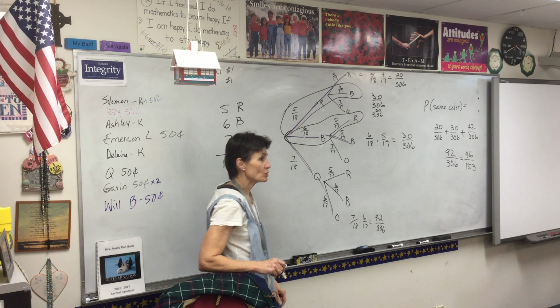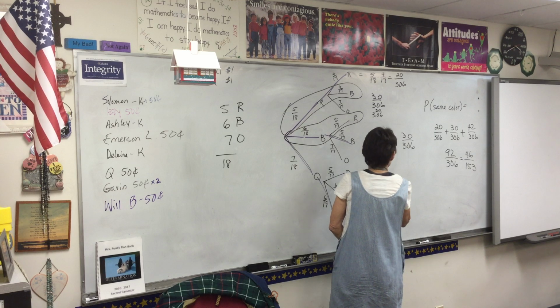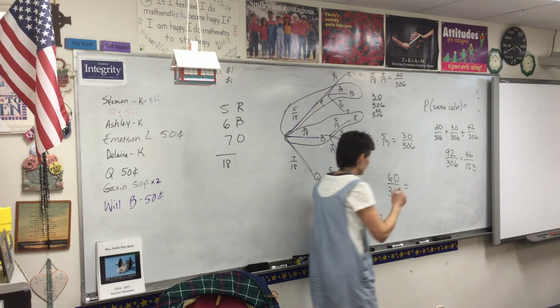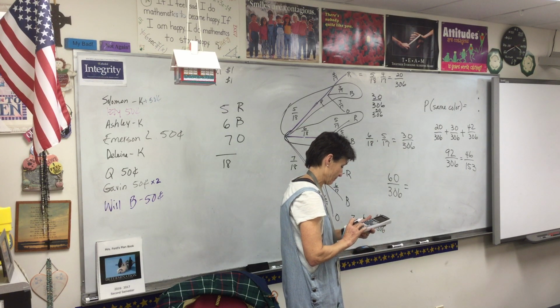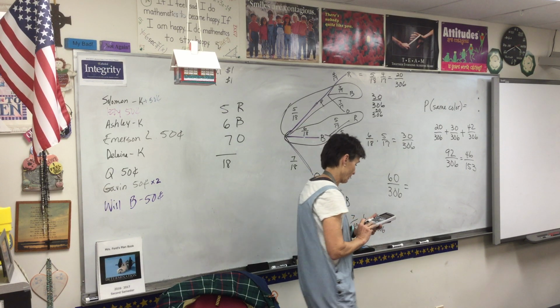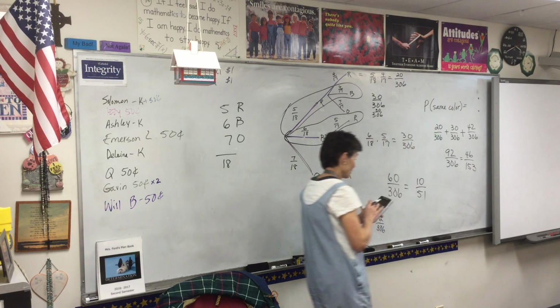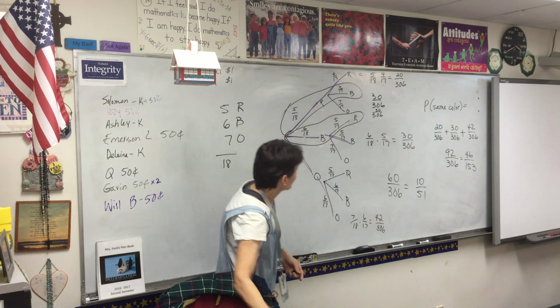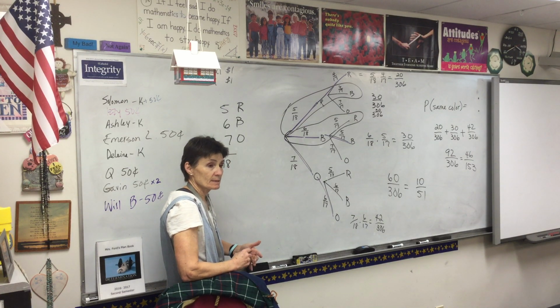So what's the answer to the question? 60 over 306, we're adding those together, and that reduces, I'm sure, to 10 over 51. So the probability of getting one red and one blue is 10 over 51.